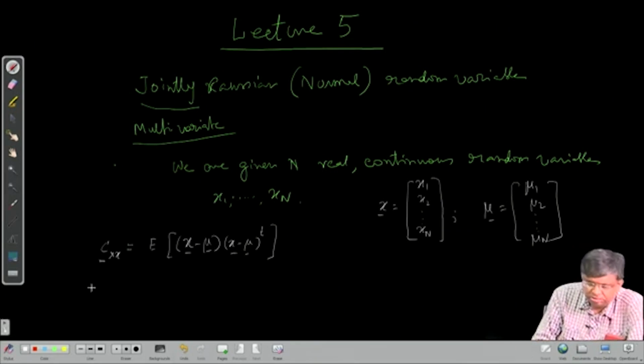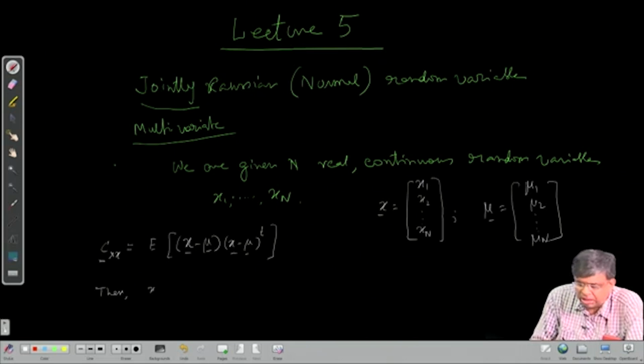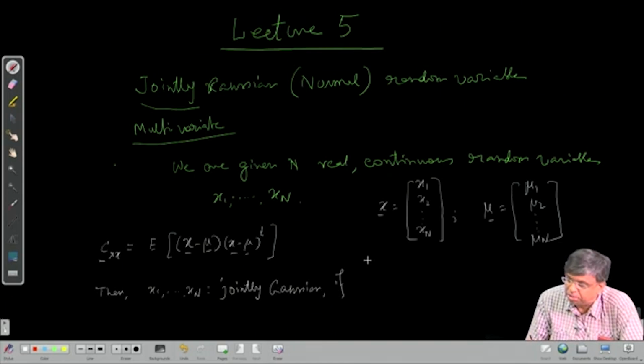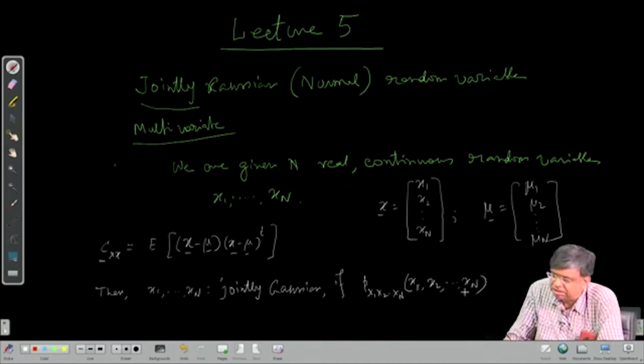Then these random variables x1 dot xn are jointly Gaussian if their joint probability density, that is p of capital X1, capital X2 dot capital Xn at the values x1, x2 dot xn, takes this form.